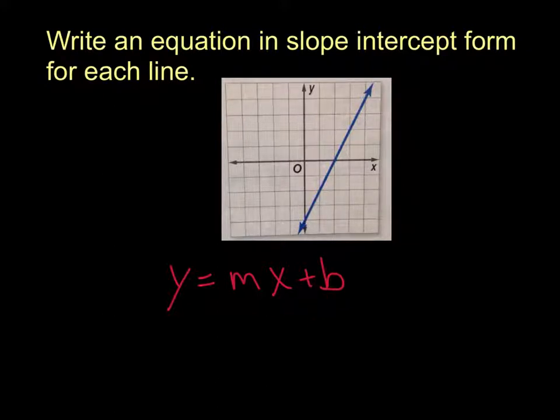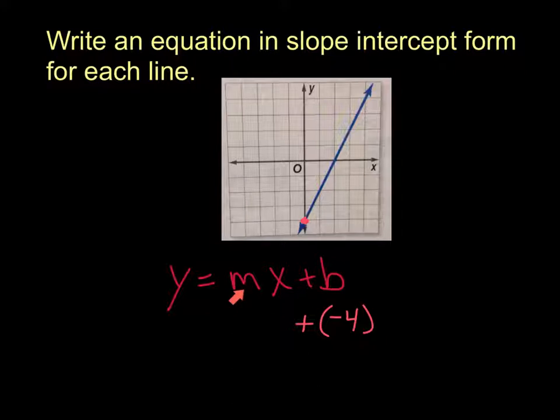And remember, the y-intercept is where this line crosses the y-axis. We can see it crosses right here, and that is going to be 1, 2, 3, 4 lines down, which would be a -4. So I'll put that y-intercept in for b. It's going to be plus a -4, just like that.